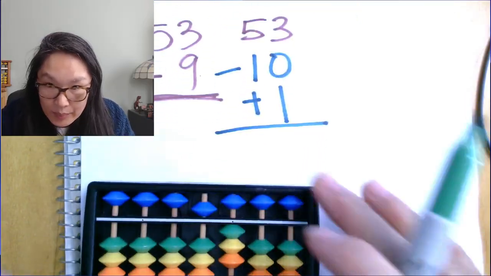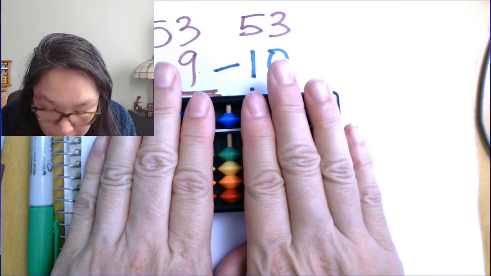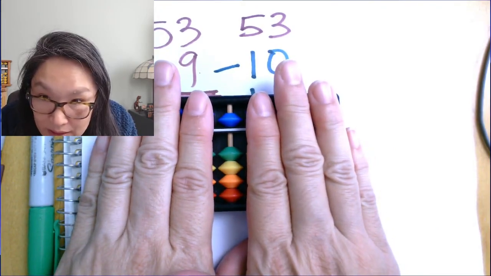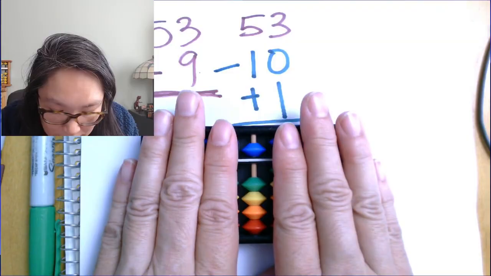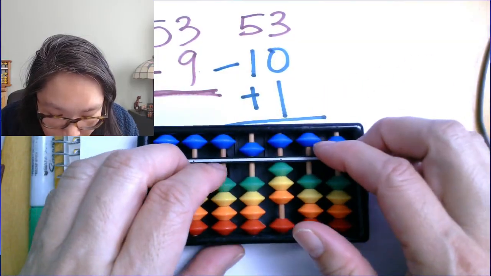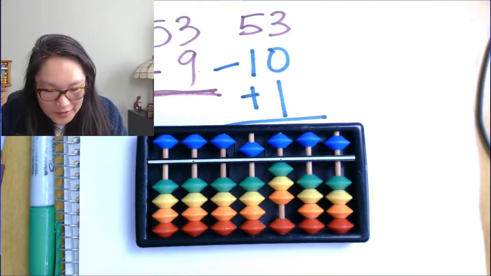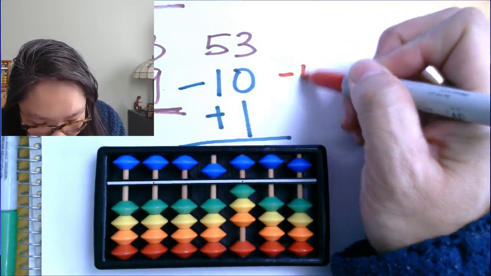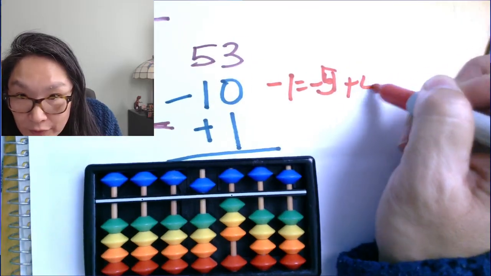So what's going to happen? You will notice I don't have any beads to minus the 1. So if I can't minus the 1, what do I do? I have to find another color. Minus the 1 is equal to minus the 5 plus the 4.